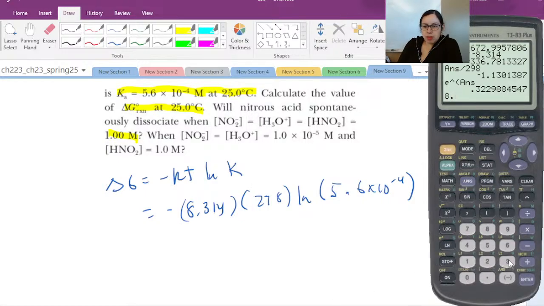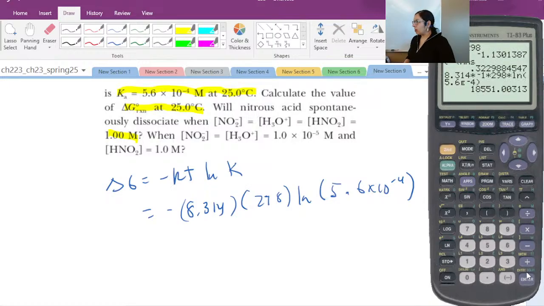And so then when we plug that in, make sure I don't drop my sign here. So do we get a positive or negative number? I got a positive. So that's what I get as well.